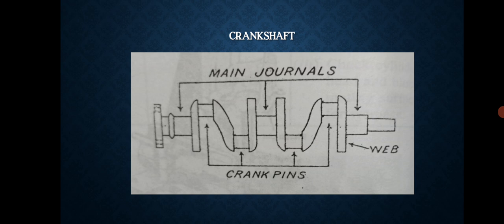As part of the vibration damper, there is a pulley with one or more grooves. A V-belt fits these grooves and drives the engine fan and water pump. The rear end of the crankshaft carries the flywheel. Its purpose is to smoothen power impulses so that the engine runs smoothly.